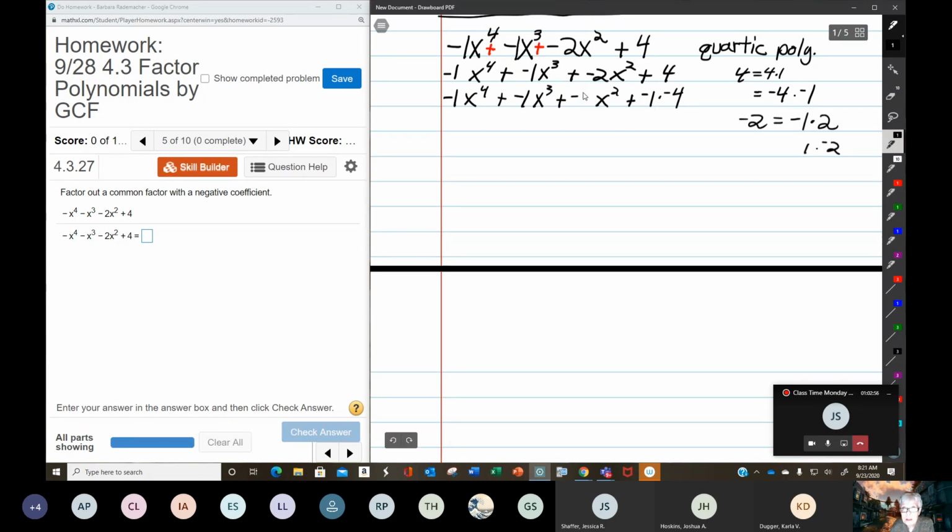So -1 times -2. No, that's a lie. I need more coffee. The price of oversleeping. Get rid of it, do it again. -2, the combination I want to use is -1 times +2. There now. This is the way I want it so that I can factor a -1 out to the front.